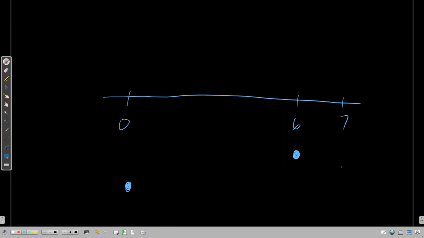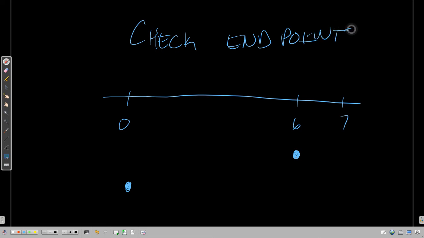Right? All I'm saying is we need to check the endpoints. You gotta check the endpoints. In fact, you need to check at the endpoints and the critical values.